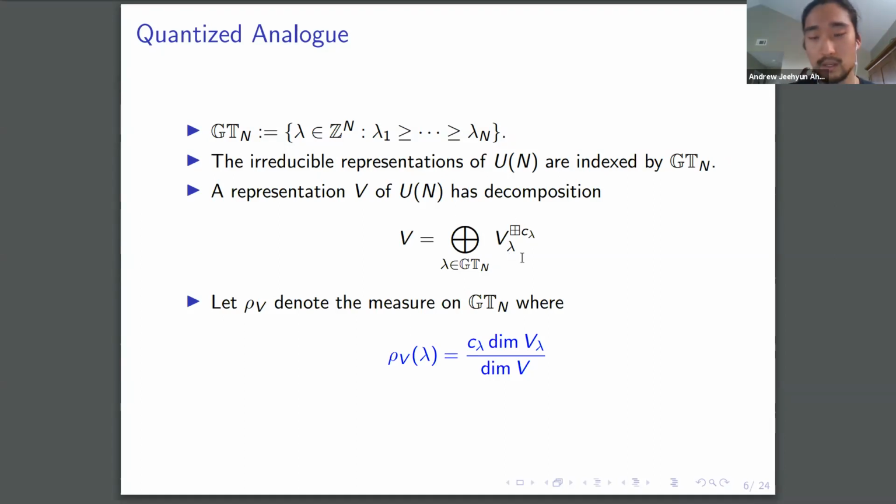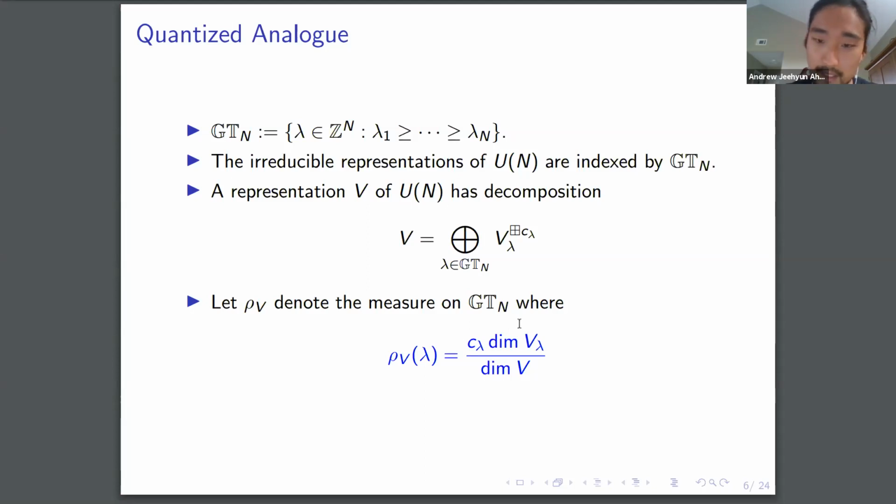In other words, C lambda is the number of copies of V lambda in V. And from this, we can then define a measure rho V, taking as input this representation V. This will be a measure on signatures, defined so that rho V of lambda, the probability of observing lambda, is equal to this quantity here.